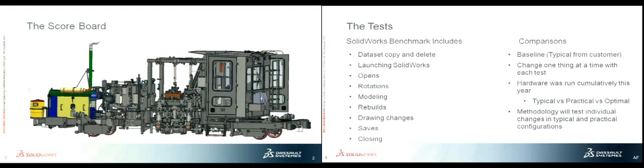Your benefits that you see from these changes, if you make them in your world, are going to be different. They'll be similar, but maybe on a different scale. If you do smaller assemblies, you're going to see less of an impact, potentially. If you do larger assemblies, greater impact. And there are other factors involved as well that you have to take into account.